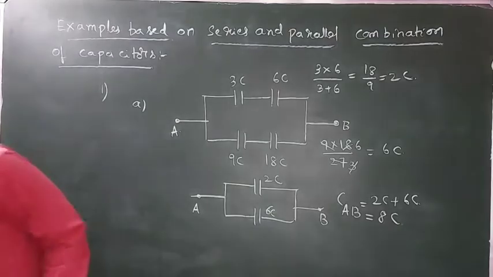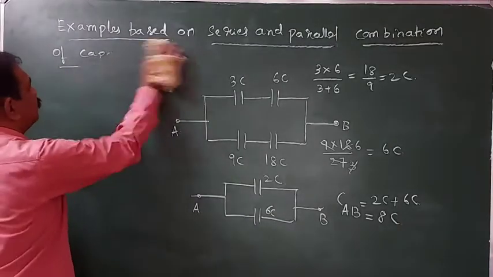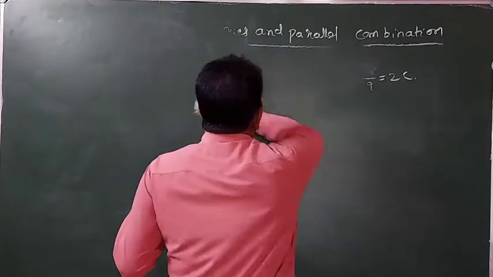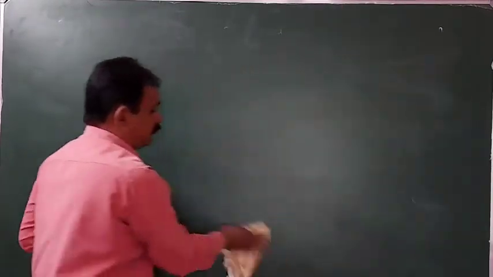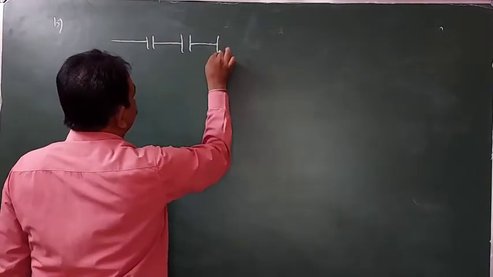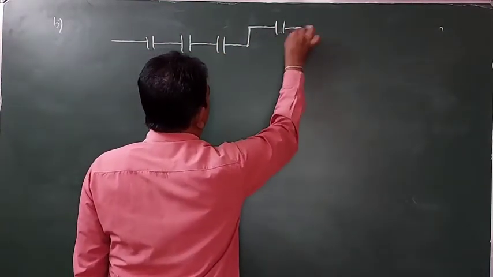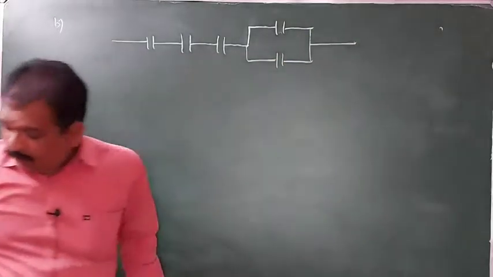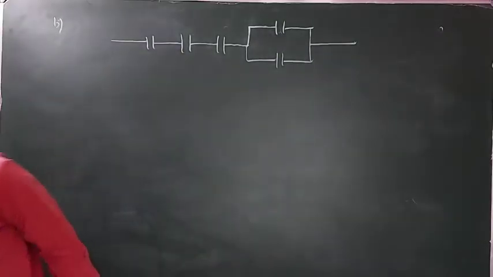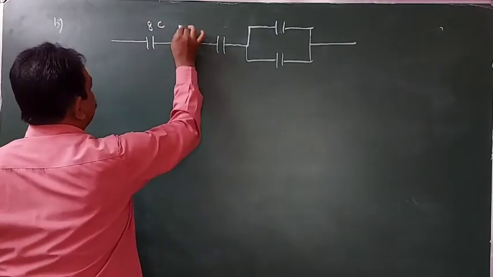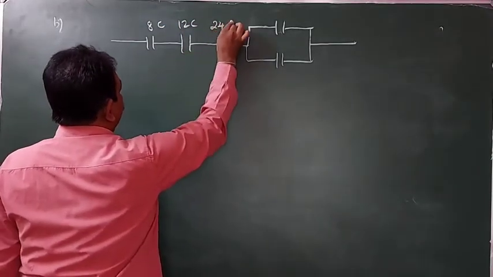Next. Take one more example. Like this, some 10 examples we will discuss to understand about this. Next, B. Values if you take, this will be 8C, 12C, 24C.